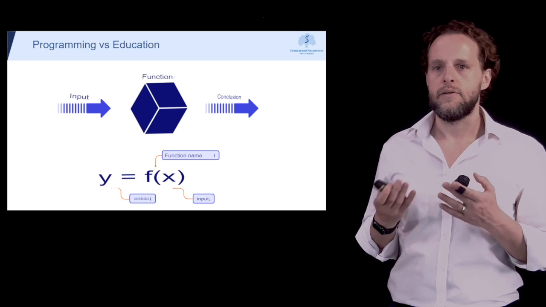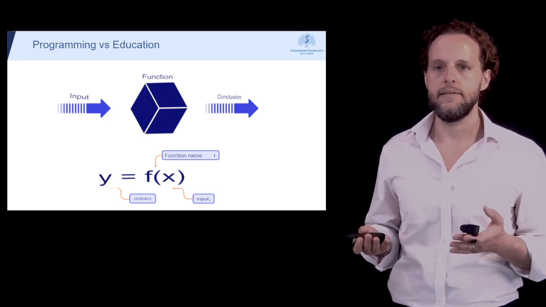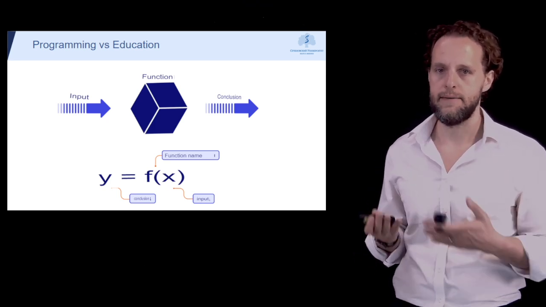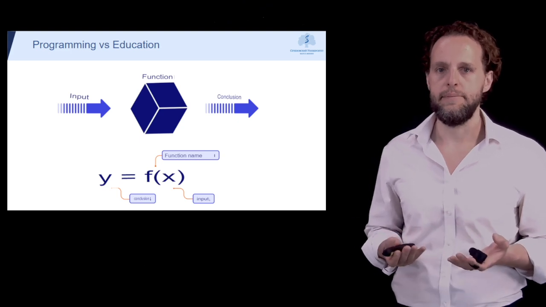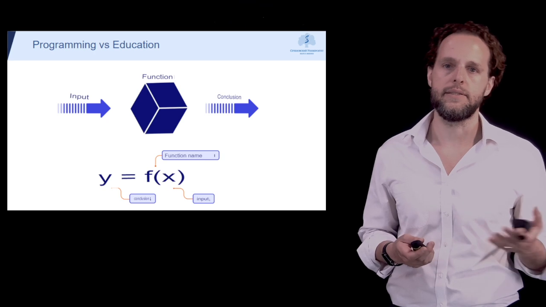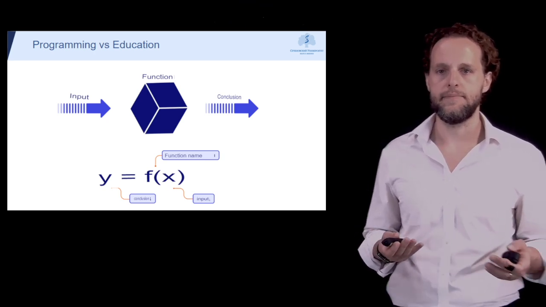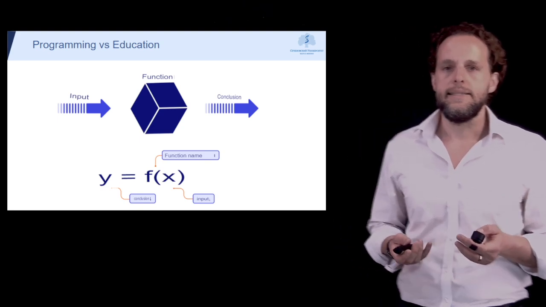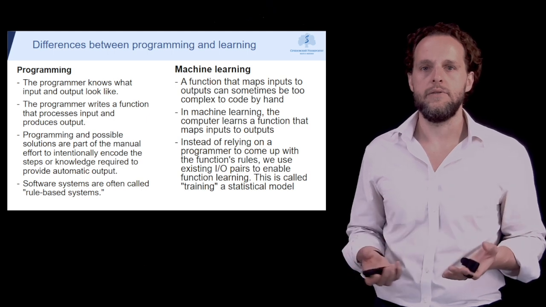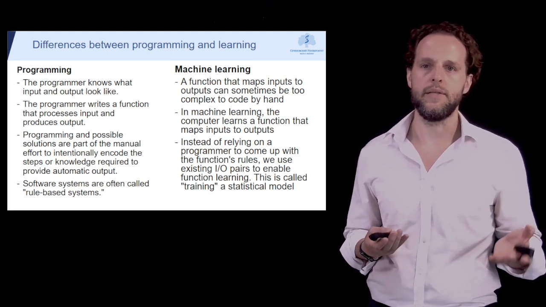In this operation, a set of input signals is converted into output signals using some functions. At the same time, if we compare machine learning systems with traditional programming, we will see significant differences. In the case of programming, the programmer knows what input and output will look like.